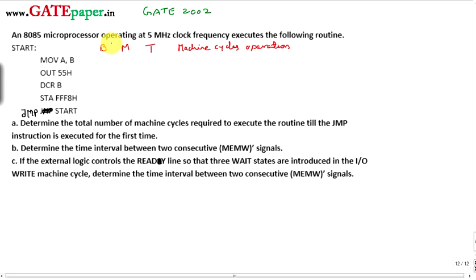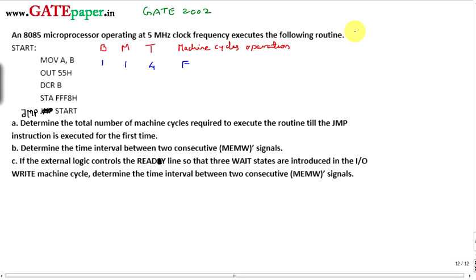So first, MOV A,B is a single byte instruction. It takes 1 machine cycle and 4 T states. That 1 machine cycle is always called the fetch cycle. F means fetch cycle, that is opcode fetch. If an instruction consists of only 1 byte, it must always be an opcode fetch cycle only.